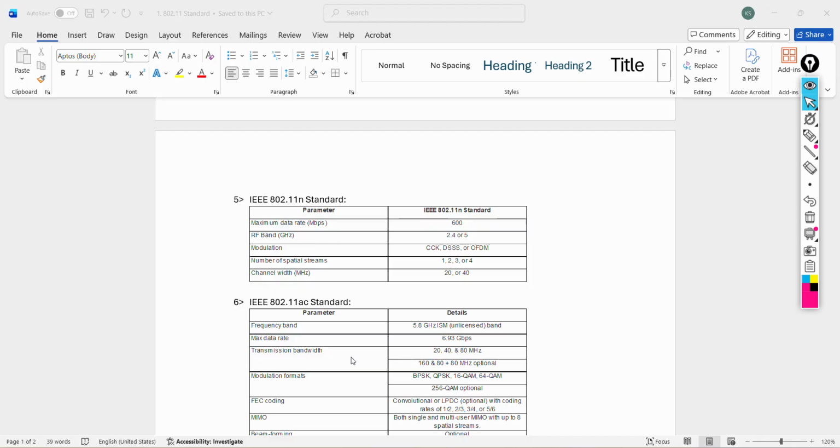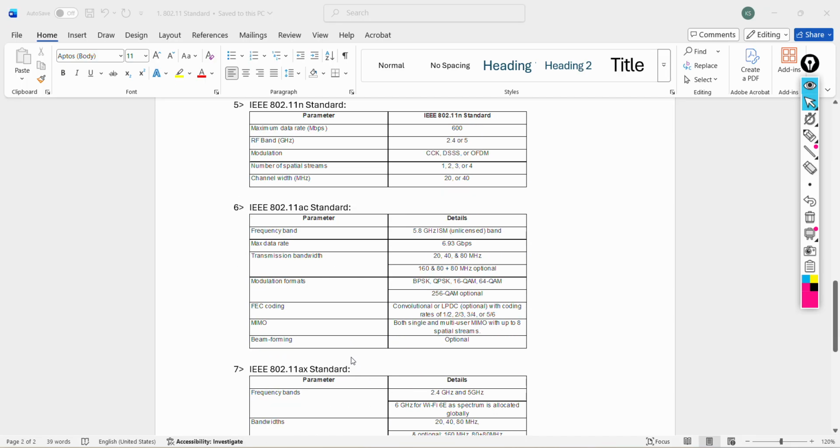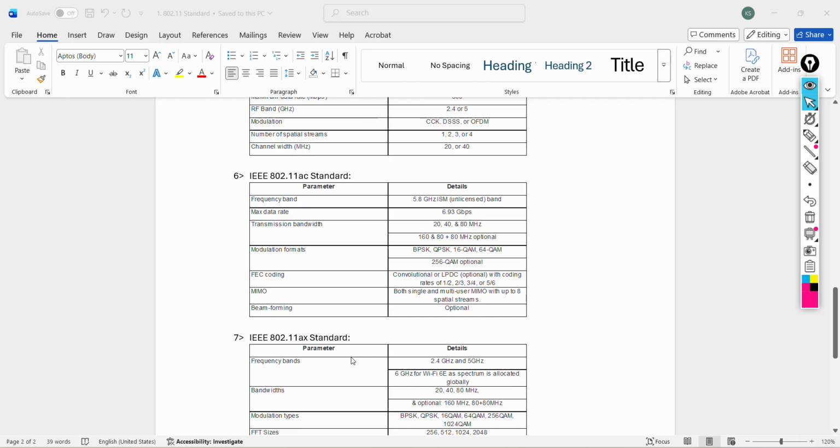After that, 802.11ac was released, which is also called Wi-Fi 5. It supports only the 5 gigahertz band, and the maximum data rate is 6.93 Gbps. It can support transmission bandwidths of 20, 40, 80 and 160 megahertz, and 80 plus 80 megahertz, which is optional.